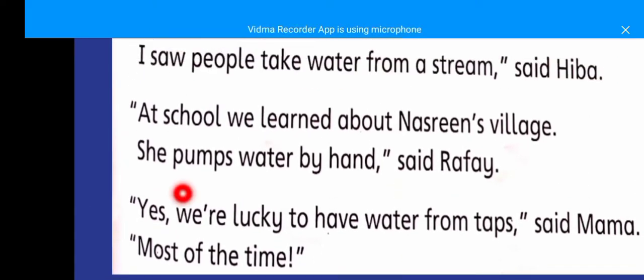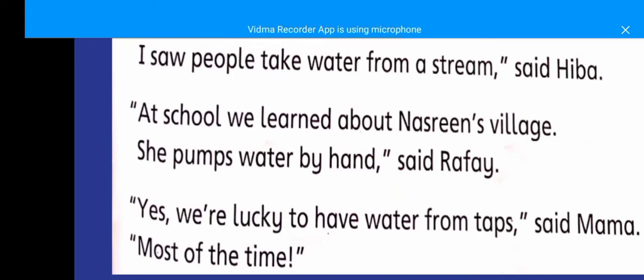And the last line we are reading is, yes, we are lucky to have water from taps, said Mama. Most of the time, here, their mama is telling them that we should always be thankful for this blessing, that we are getting water in the easiest way, that we just turn on our taps and we get enough water to use.